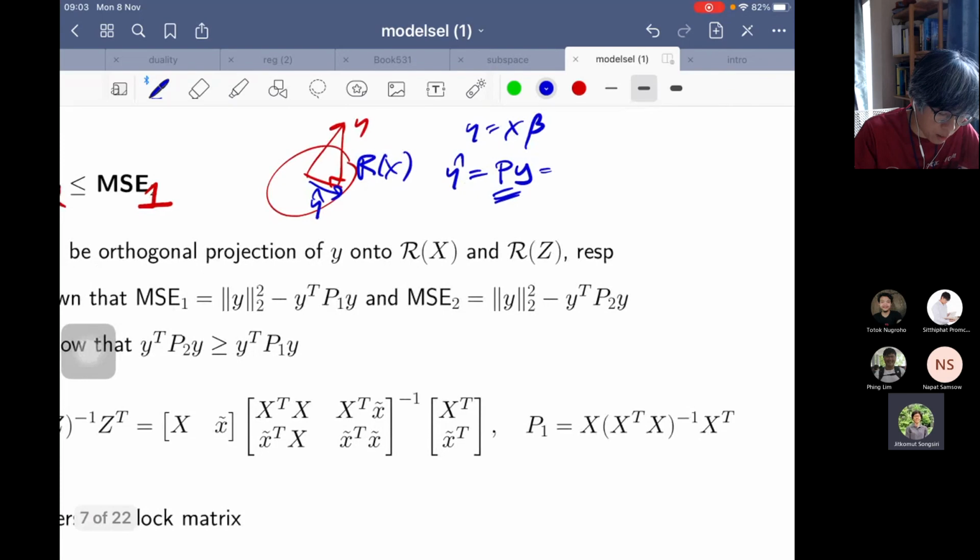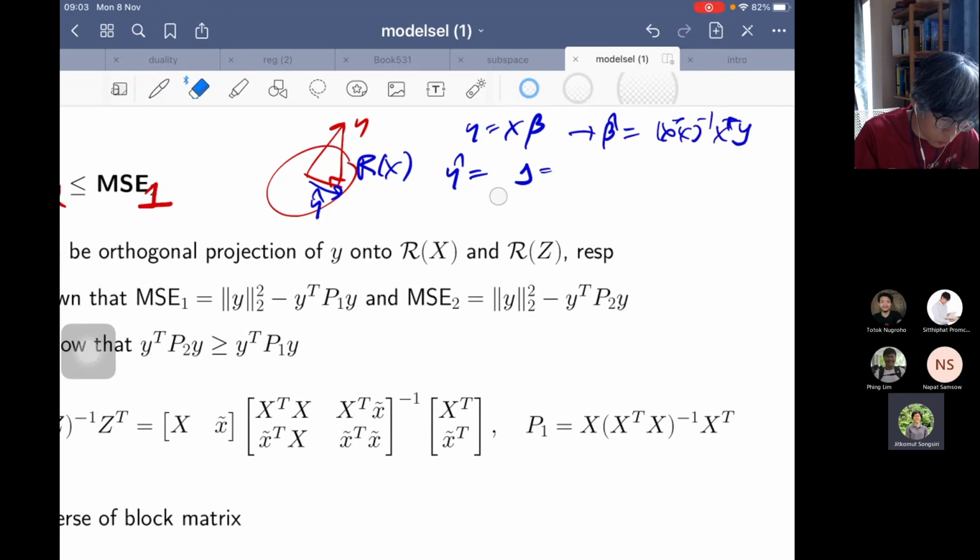From linear regression, Napat, what is your beta hat? (X transpose X) inverse X transpose Y. Okay, when you do the projection, when you do the estimation, what do you do with beta hat?